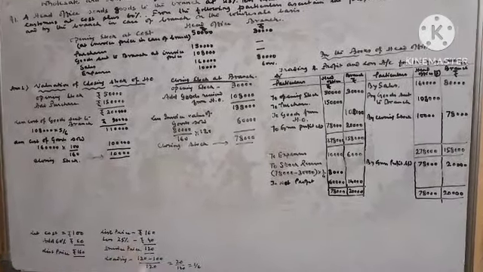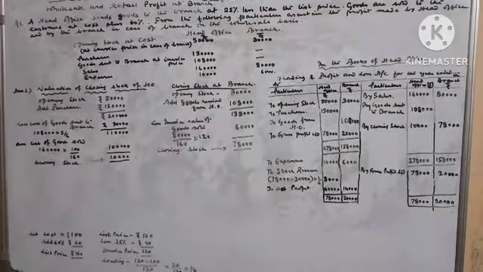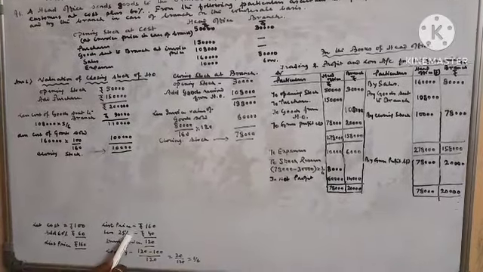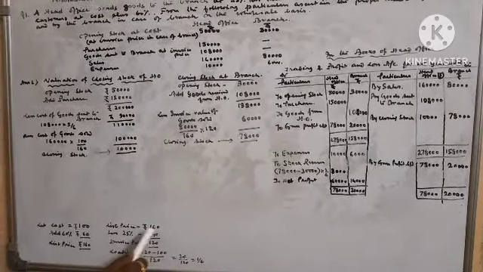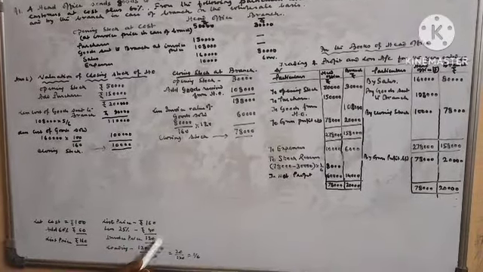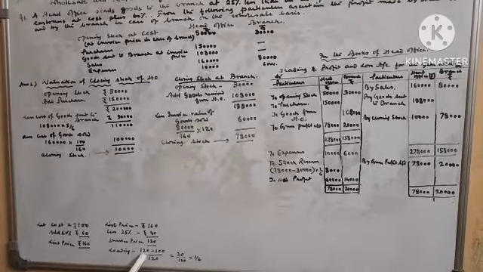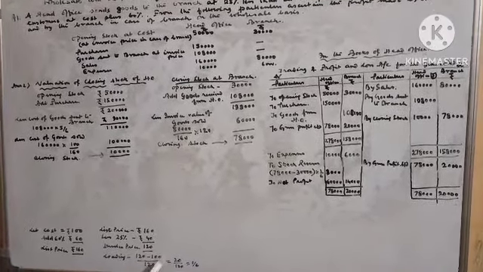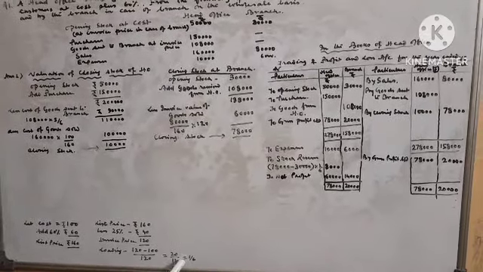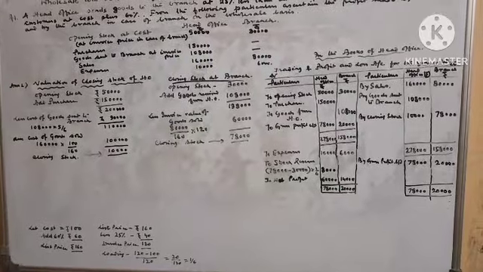List price is rupees 160, and invoice price is 25% less than the list price. 25% on 160 is 40. After deducting, invoice price is 120. Loading equals invoice price 120 minus cost price 100, whole divided by 120, equals 20 by 120, equals 1 by 6. So loading in the problem is 1 by 6.